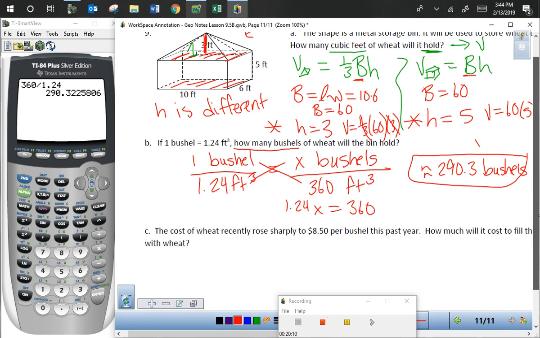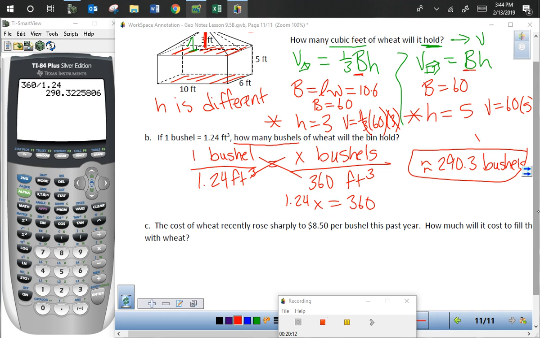Then the cost of the wheat. It says it recently rose sharply from $8 to $8.50 per bushel. Cost per always means we've got to multiply. We have 290.3 bushels, and they're $8.50 apiece, so we multiply by 8.50.